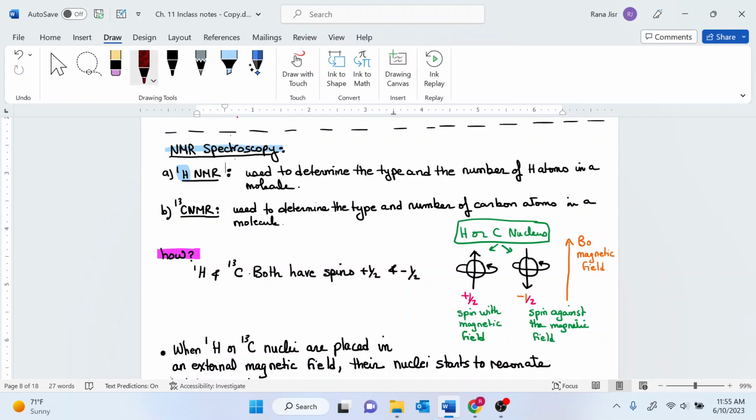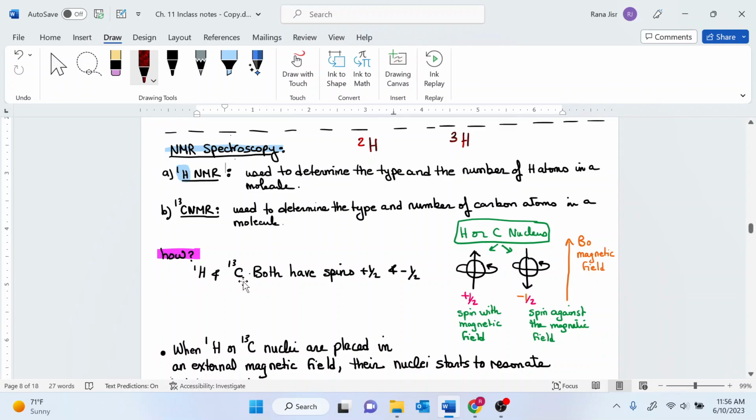Although we do have the hydrogen-2 isotope, which is deuterium, and the hydrogen-3 isotope, which is tritium, both of these are NMR active, but they observe at a different frequency than the hydrogen-1 isotope. Also, hydrogen-1 is way more abundant and more common than deuterium or tritium. So this is why we're going to focus on hydrogen-1 NMR.